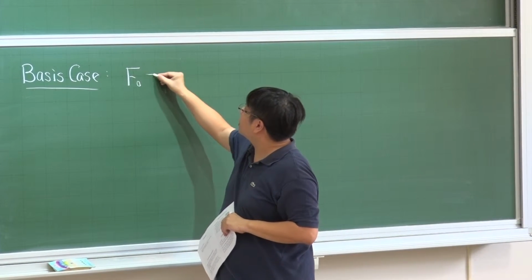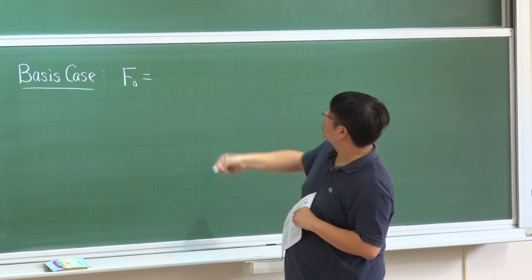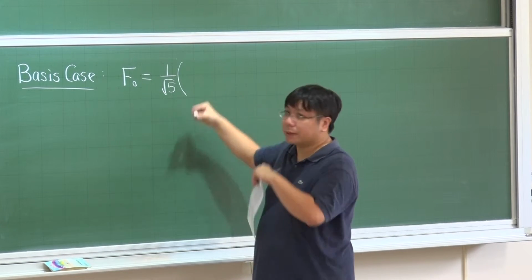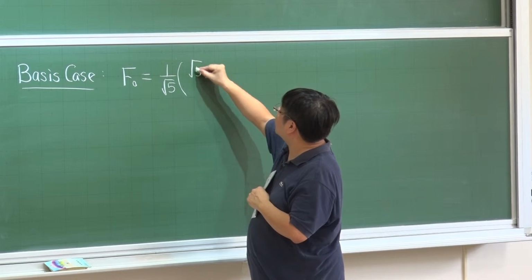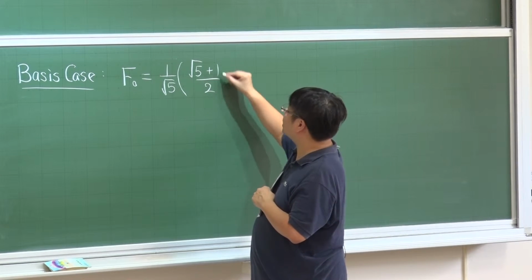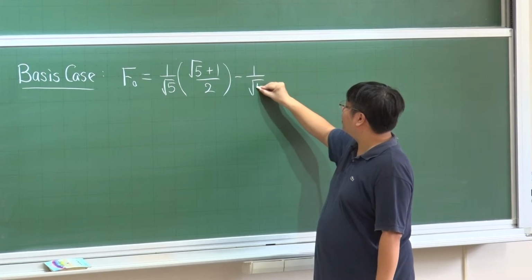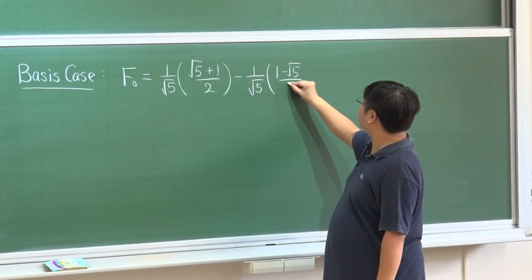F0 is equal to 1 over square root 5 times square root 5 plus 1 over 2, because n is equal to 0, minus 1 over square root 5 times 1 minus square root 5 over 2.